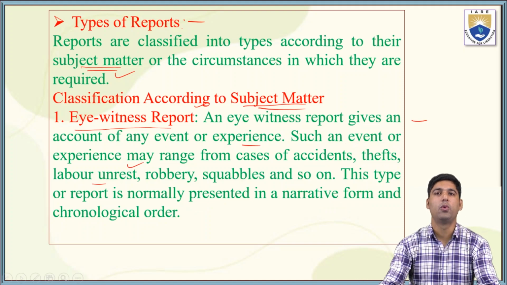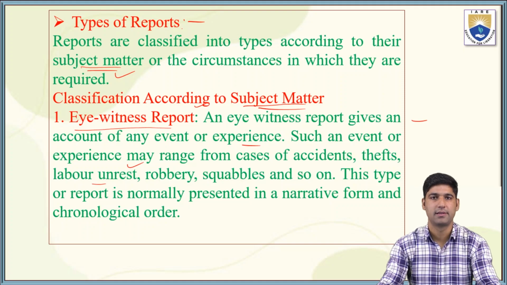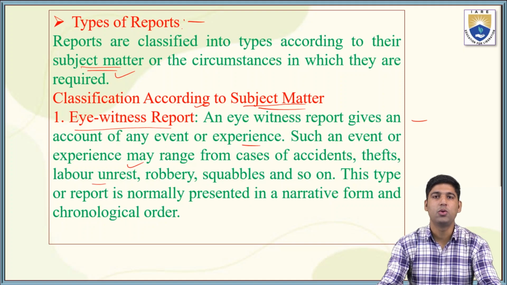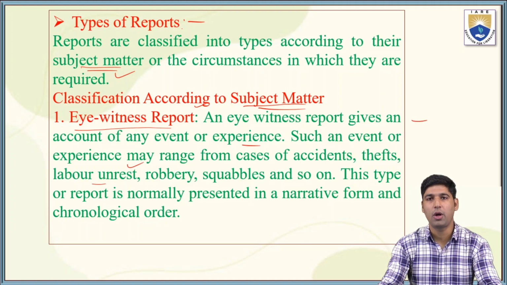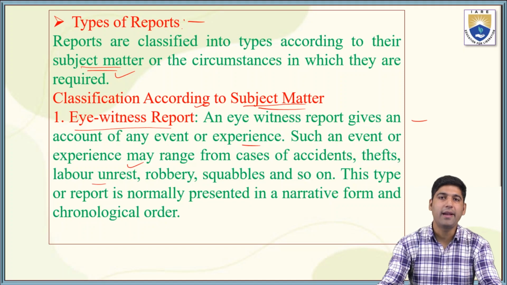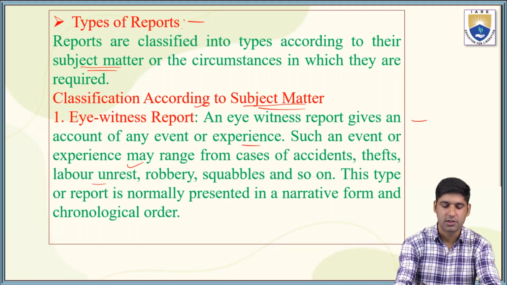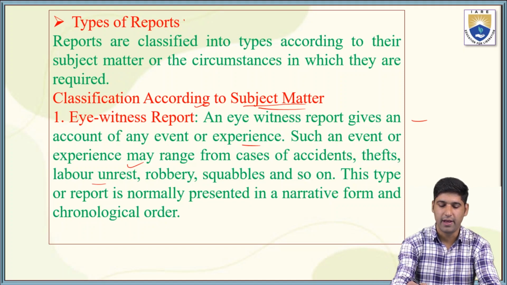These are the reports which require eyewitnesses. And such type of reports are there in newspapers. When we are writing newspaper reports, they are of narrative type. They require chronological order of events, and they require the details of eyewitnesses for these incidents when we are writing them in any newspaper.